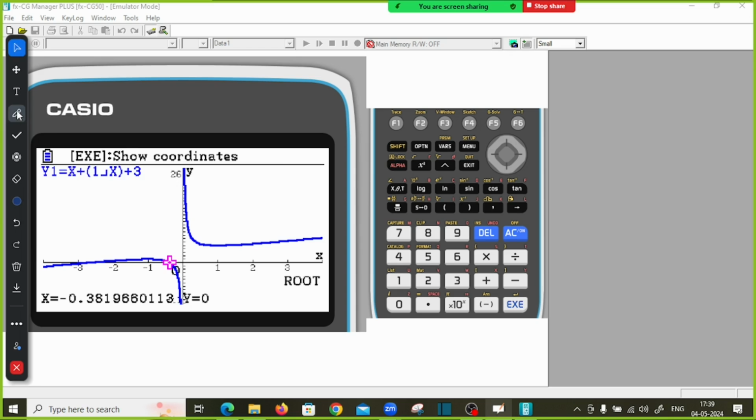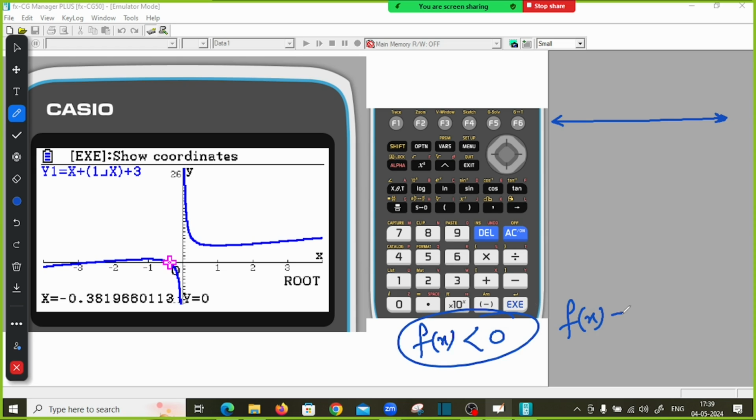For this type of question I will suggest that if you want to understand and answer it correctly, first of all, see how many roots there are. You want to find f(x) less than 0. First find where it will be equal to 0.